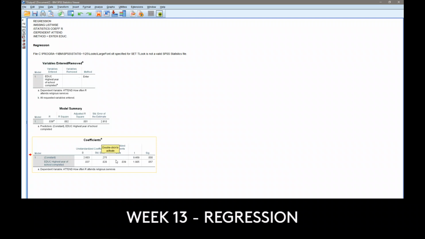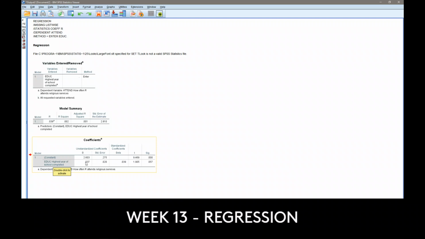Now this is your regression results. Don't worry about this constant line. We will not be interpreting this in this class. But here you can see the variable, your independent variable. Now what we first want to look at is this coefficient here. This is called the B coefficient.